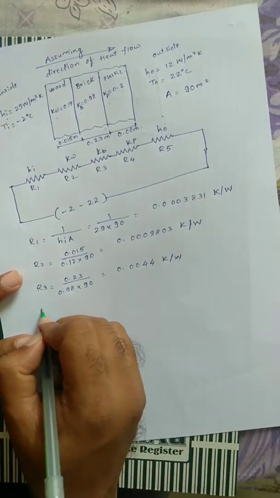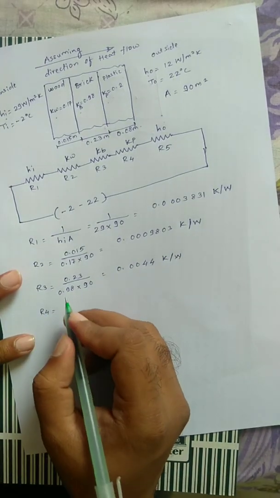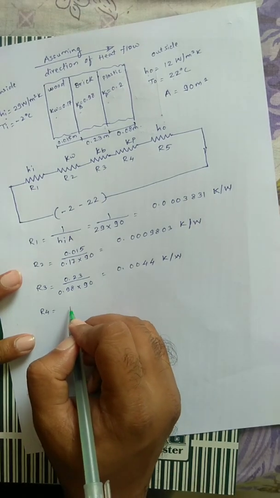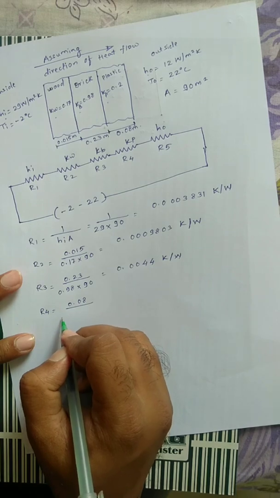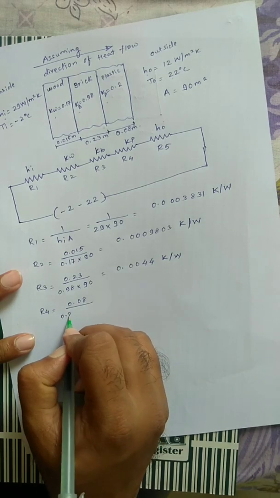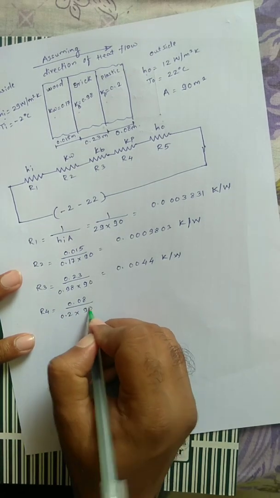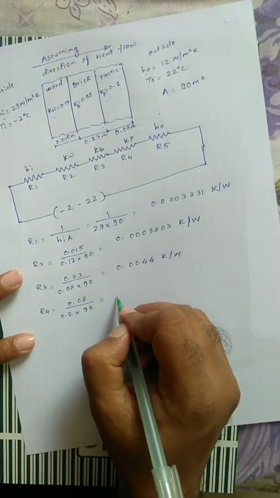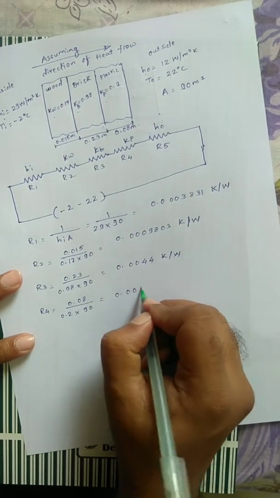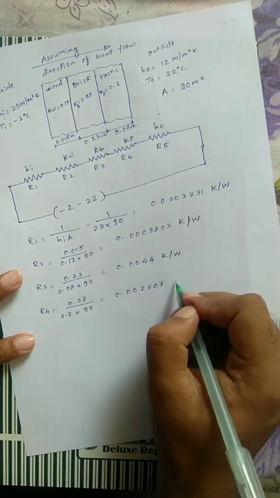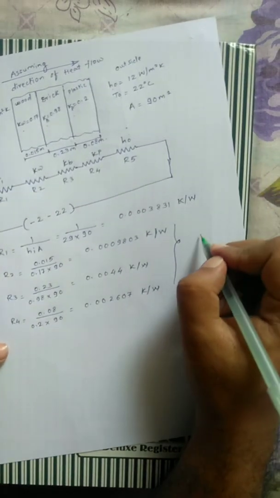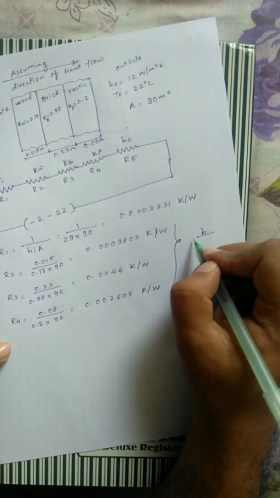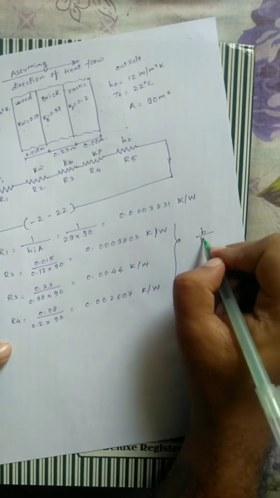So you need to first of all calculate the respective resistances. All these are found out by the formula B upon KA.